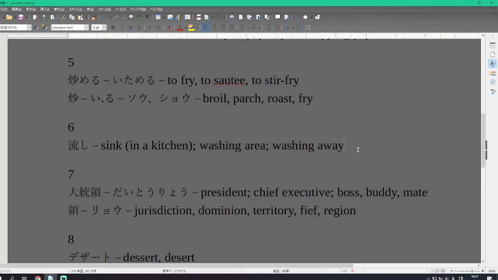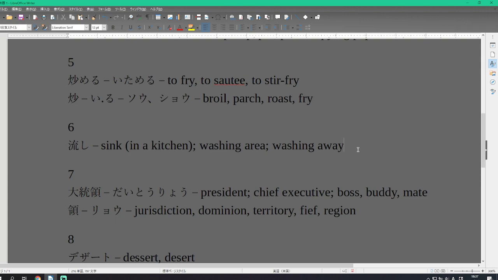Nagashi is our washing area or the sink.